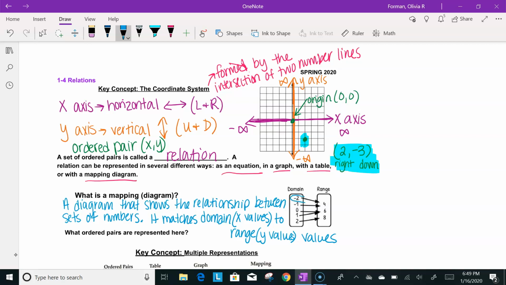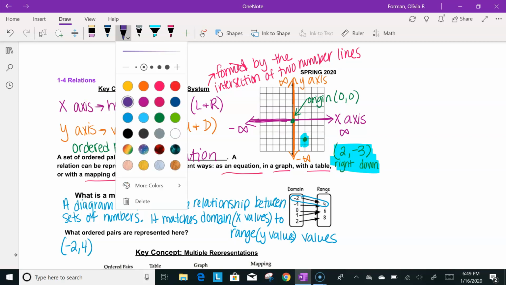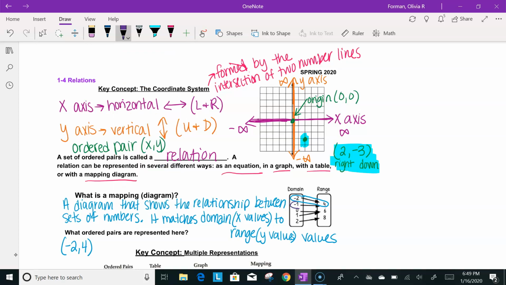So we have an ordered pair that's represented here of -2, 4. So down here where it says what ordered pairs are represented, we have one that's -2, 4. Okay, we have one, if we look at -1 right here, -1 is also being matched with 4 because that's where its arrow goes. So we're going to say -1, 4.